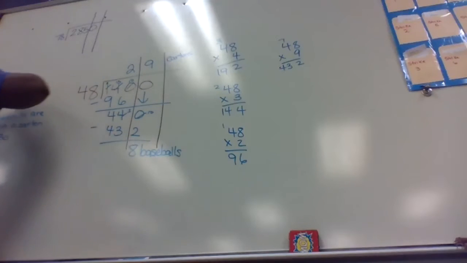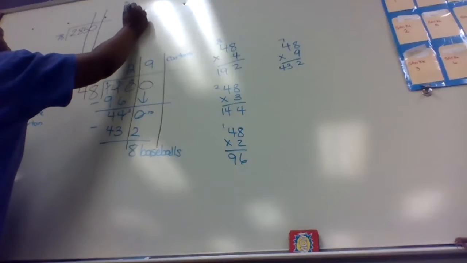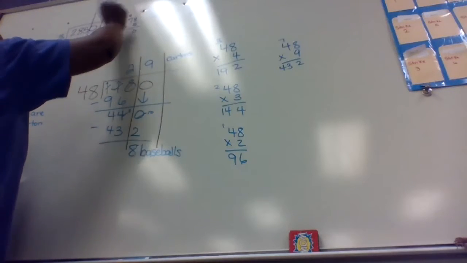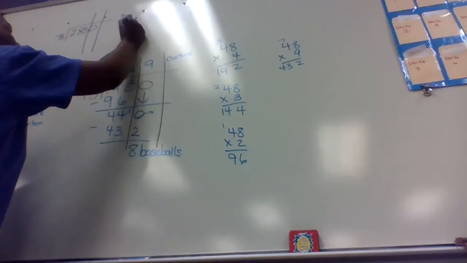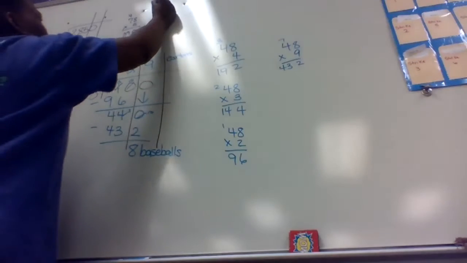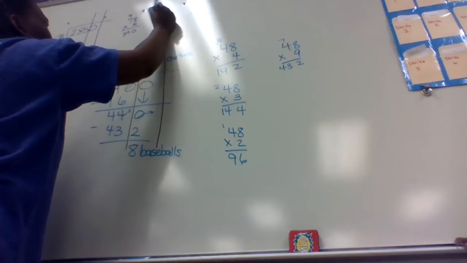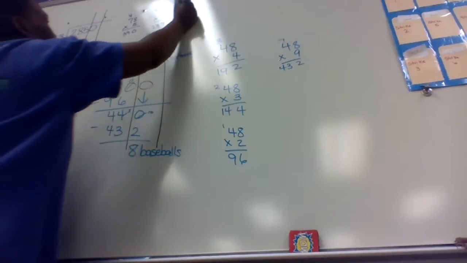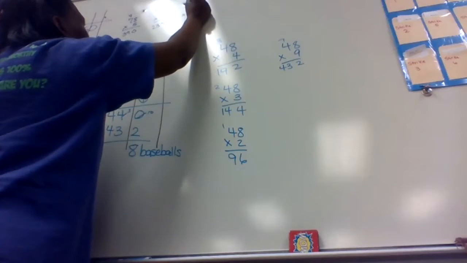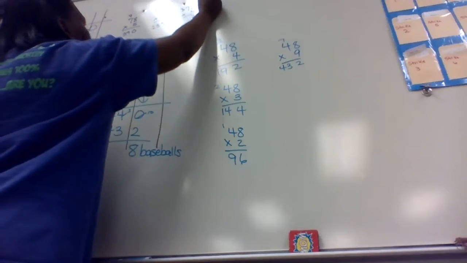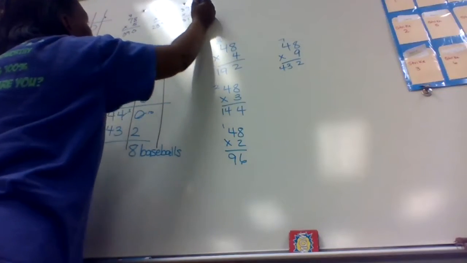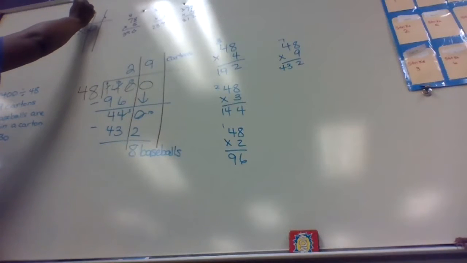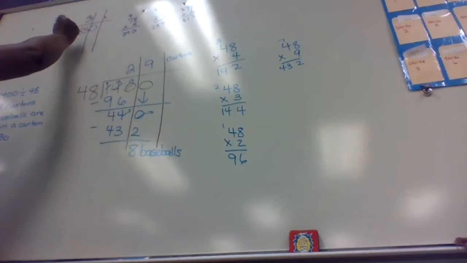So let's do some multiplication. 78 times 5. That's too much. 78 times 3. That's too little. It's got to be 4. Oh, that's too much. So it is 3. We're going to put 3 here, and we're going to subtract 234.